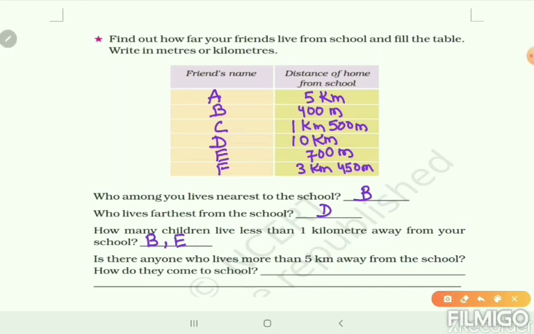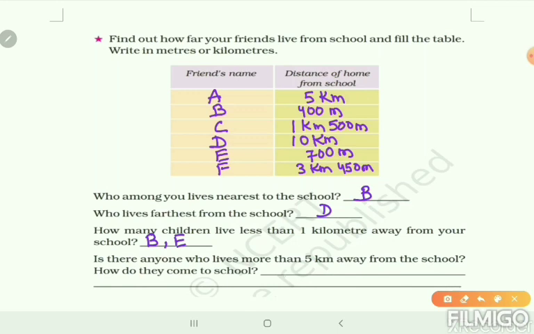Is there anyone who lives more than 5 kilometer away from the school? Let's see. 5 kilometer. A is exactly 5 kilometer. They are asking more than 5 kilometer. So D is 10 kilometer, more than 5 kilometer, and F is less.